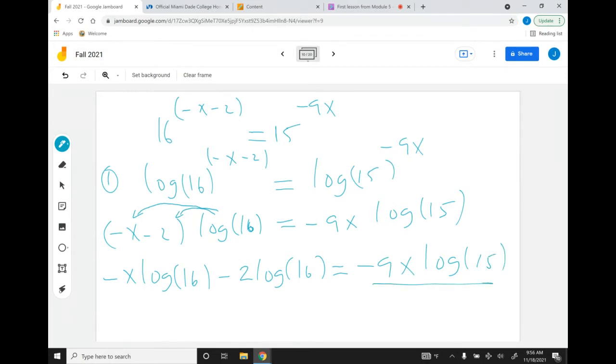This guy is just one term, and it contains an x. What am I going to do? I'm going to move it to the right because I want to have all the terms that have an x in them on one side. So this becomes positive.